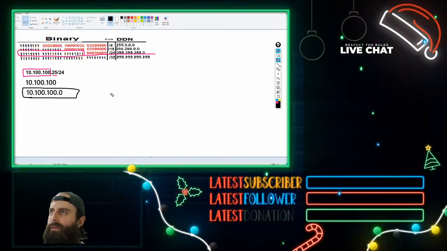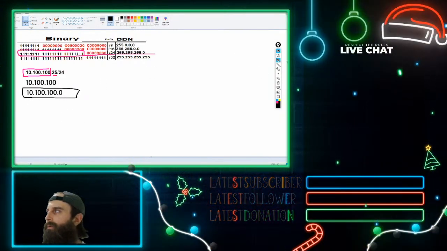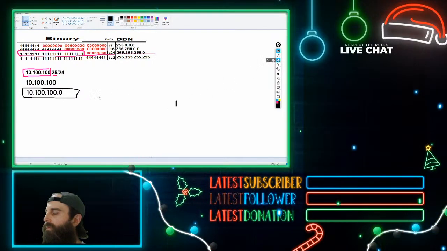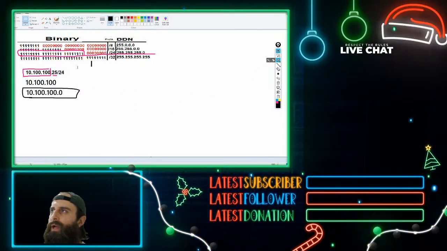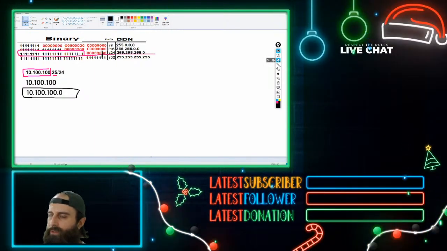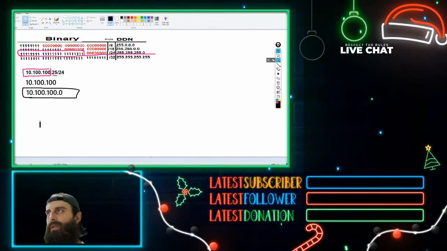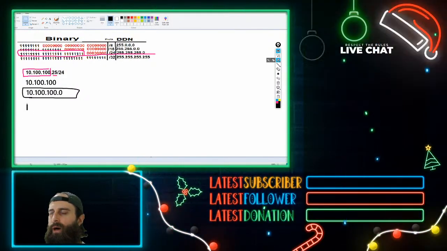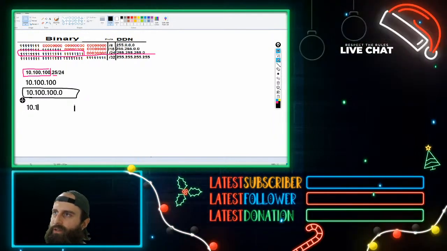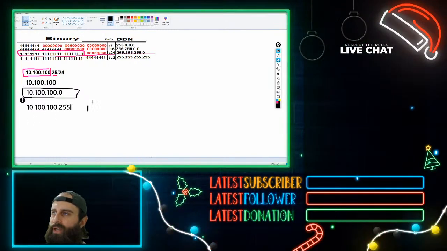Now, to get the range of addresses within this network, we fill the rest of these with ones, but not the last bit. So it would turn into 10.100.100.255, which is the broadcast address.